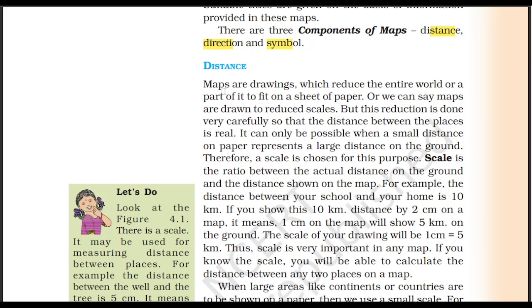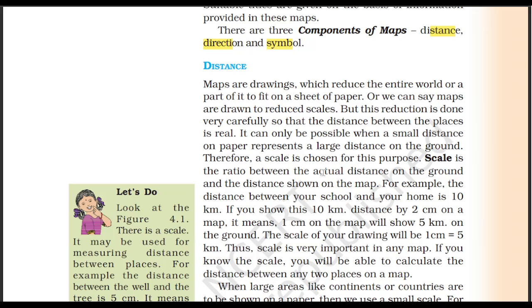Distance means maps are drawings which reduce the entire world or a part of it to fit on a sheet of paper, or we can say maps are drawn to a reduced scale, but this reduction is done very carefully so that the distance between places is real. It can only be possible when a small distance on paper represents a large distance on the ground. Therefore, a scale is chosen for this purpose.